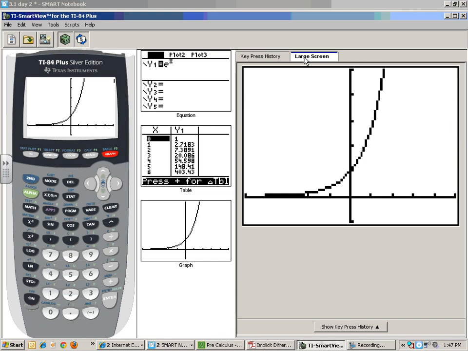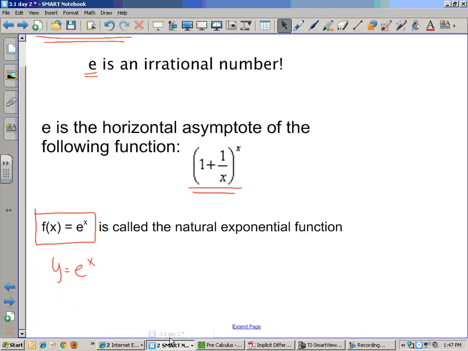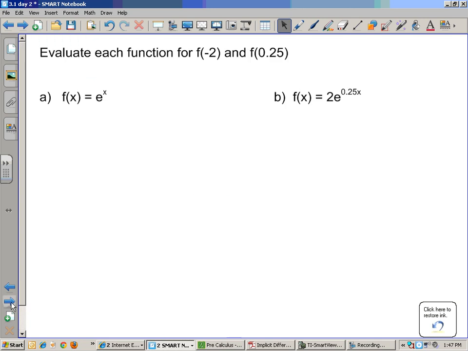And there's the curve. Okay, so a couple of things that you should notice. It's increasing. It still goes through this point right here at 0, 1, and it's increasing as we move up to the right. Okay, so once we take a look at that, we want to be able to evaluate.